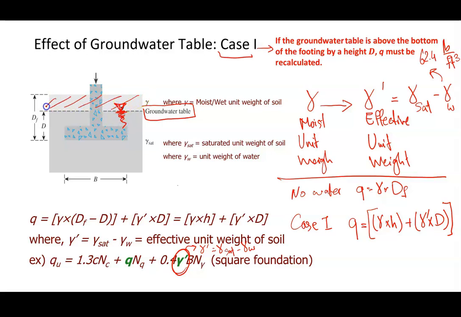Above the groundwater table, we have moist unit weight, and this distance is H. Below the groundwater table, we have gamma saturated, and this is what is important for us, from the groundwater table to the bottom of footing. So that's D and H. The modified equation to calculate Q is gamma times H plus gamma prime times D.